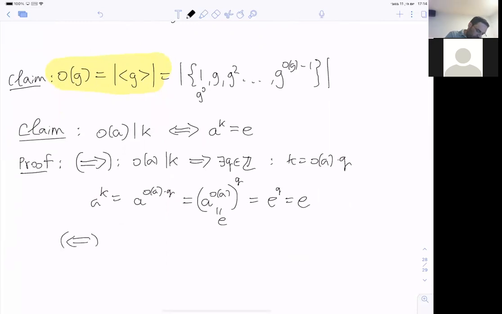On the other direction, if A^k equals E, then, by definition, the order of A is less or equal to K, because by definition, OA is the minimal power that makes it.